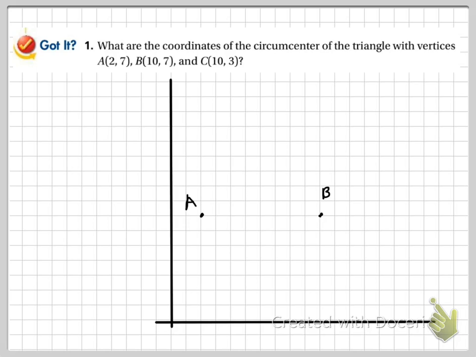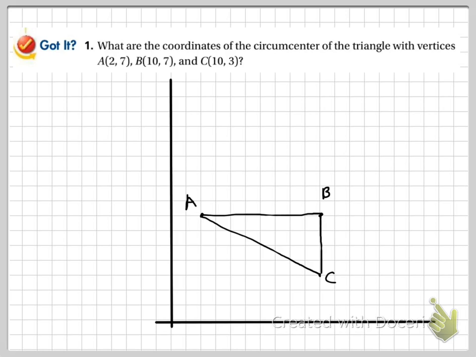And C is at 10, 3. Okay, so here's my triangle. Move C a little closer.